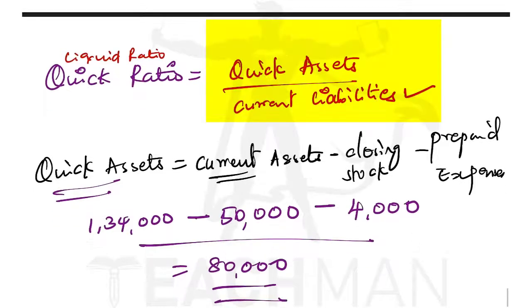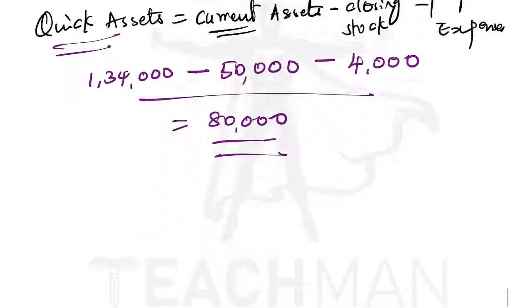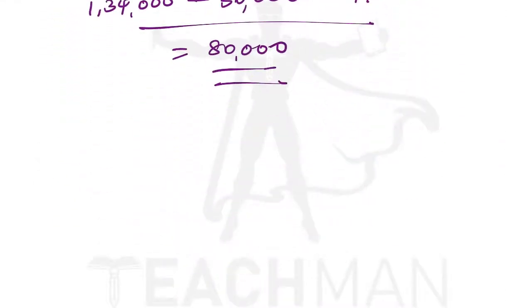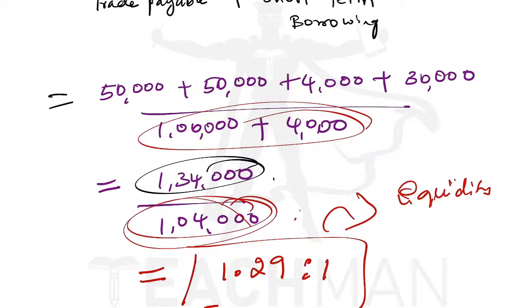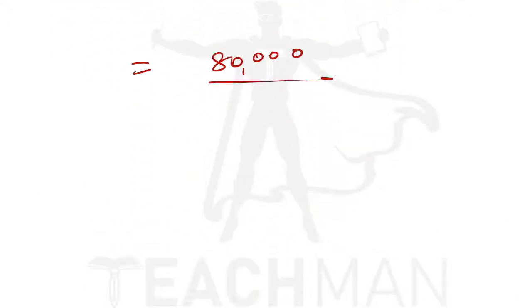So what is the formula? Quick asset divided by current liability. Let us substitute in the formula. Quick asset value is 80,000, whereas current liabilities value is 1,04,000. So 80,000 divided by 1,04,000 is 0.77.